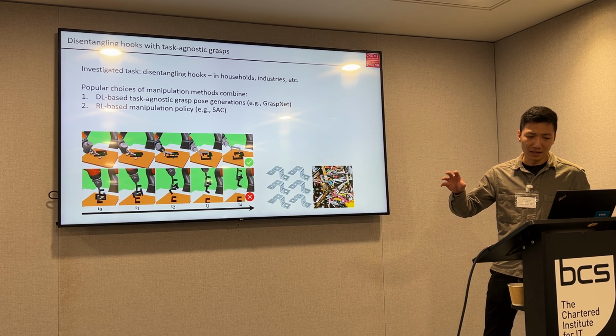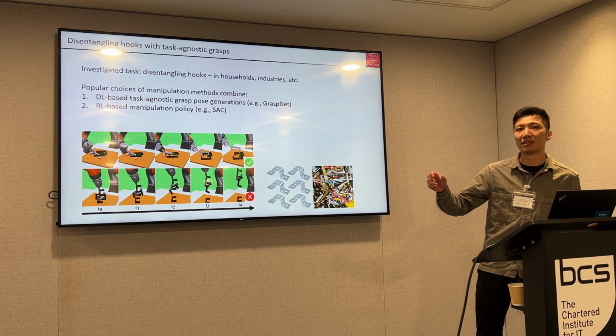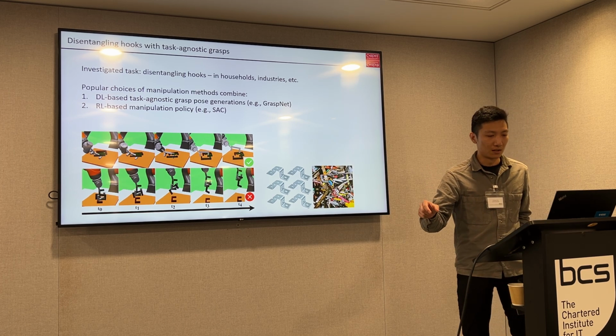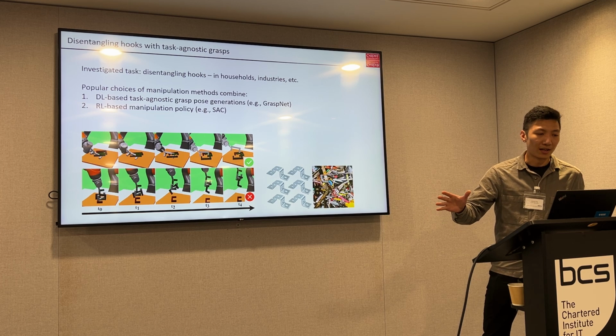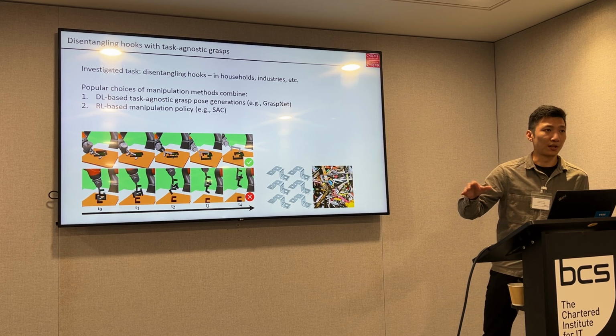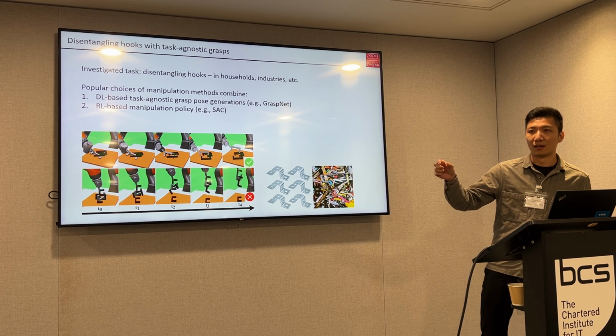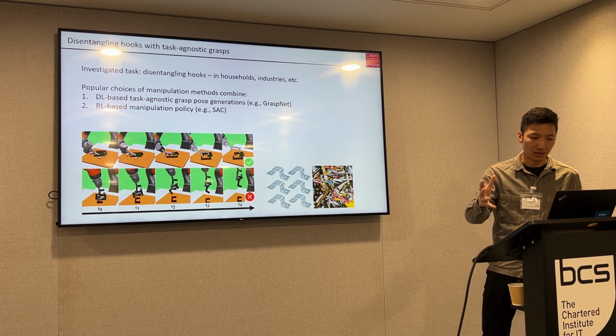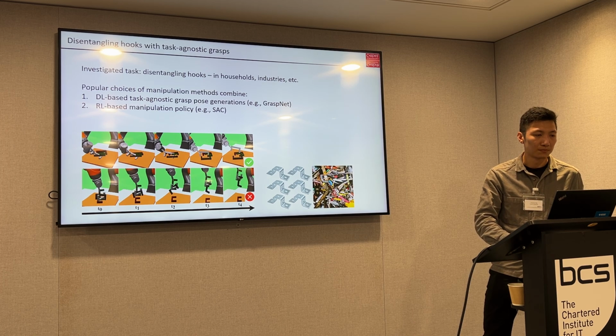They are very mature in terms of predicting where you can grasp the object firmly, stably. And then from those grasp poses, we start with a reinforcement learning approach to try to manipulate the object so that the grasped object can be separated from the entangled pile of things.